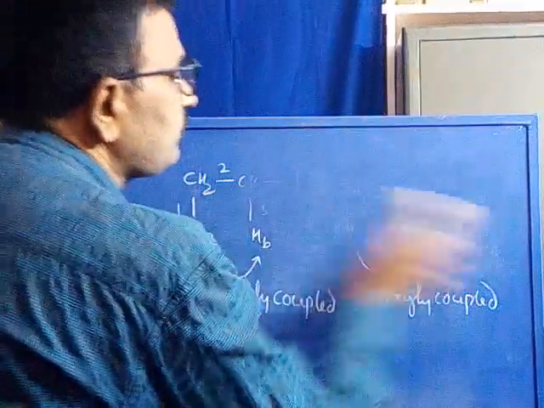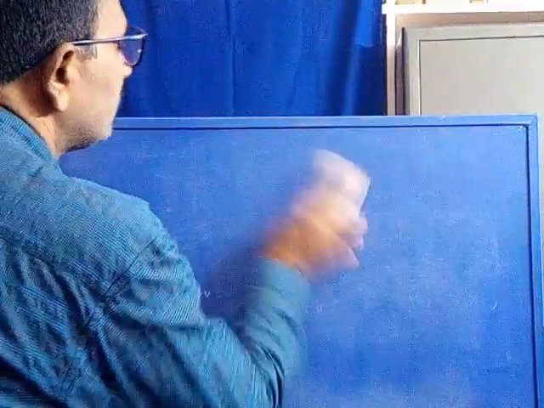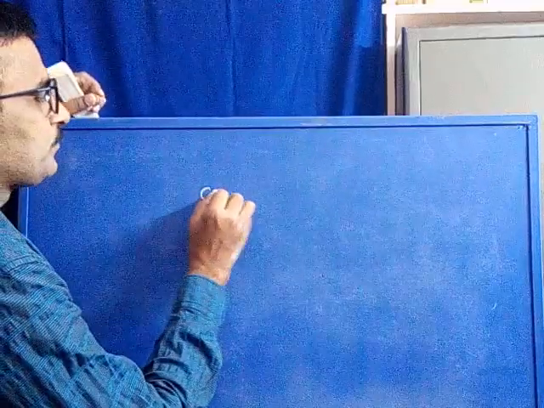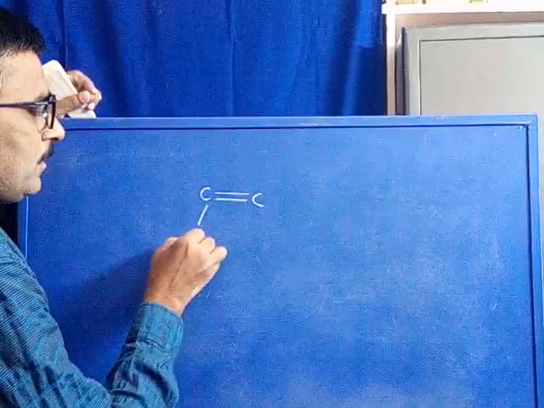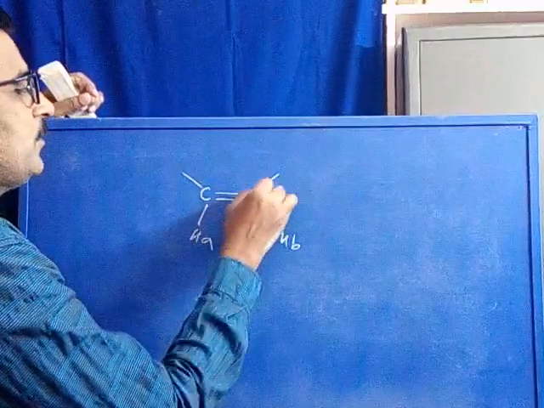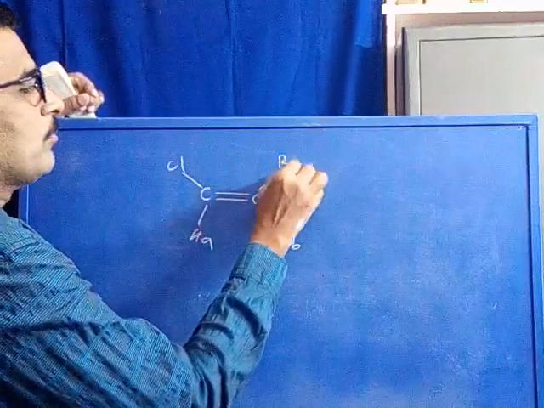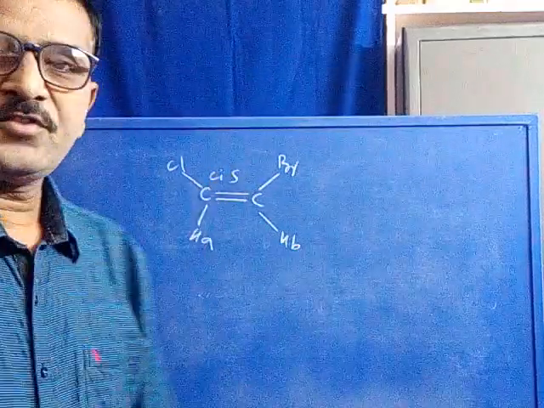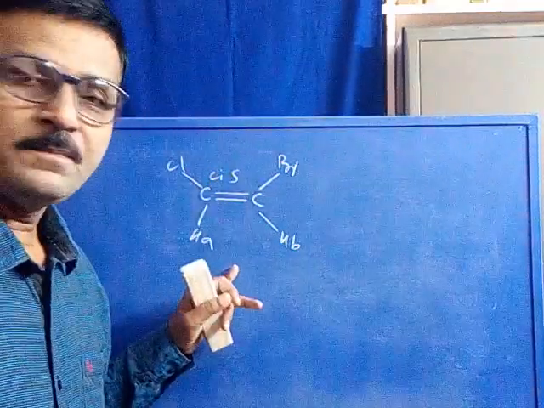Example, you take Ha hydrogen, Hb hydrogen, say chlorobromo. Now this is a cis configuration of the alkene.